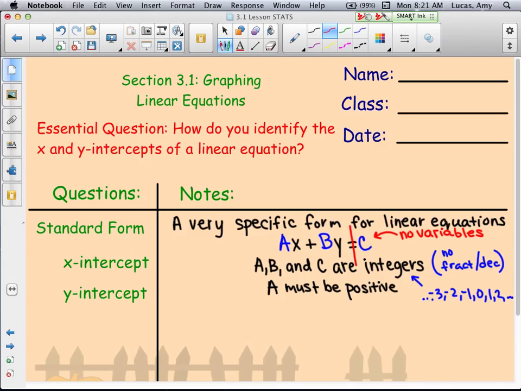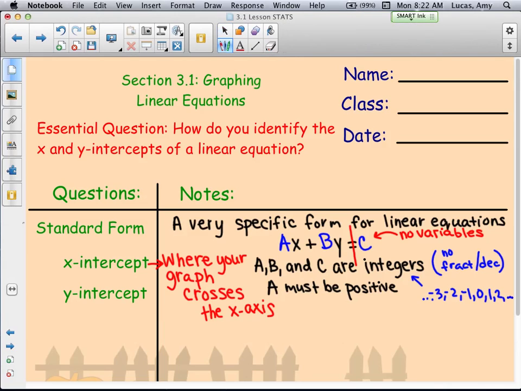Okay, then the x and y-intercepts. The x-intercept would be where your graph crosses the x-axis. Because the word intercept is very similar to intersect. So where your graph crosses the x-axis, that's your x-intercept.